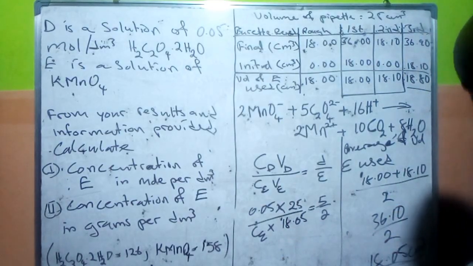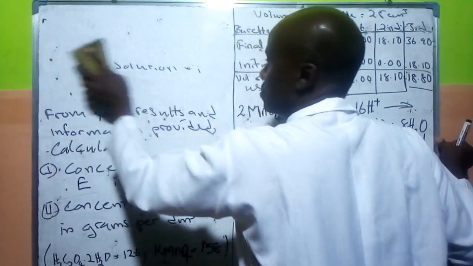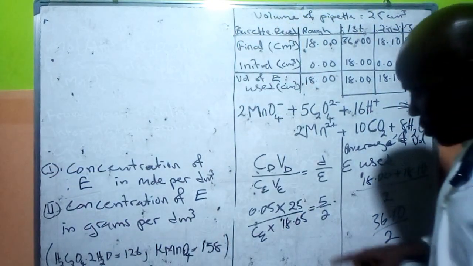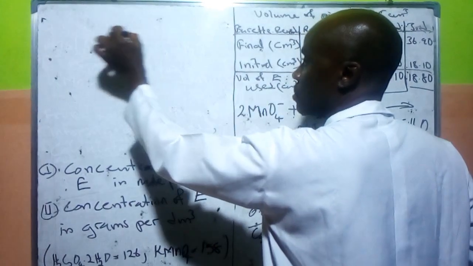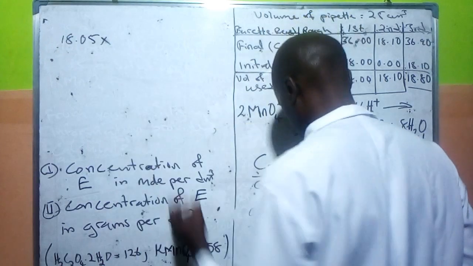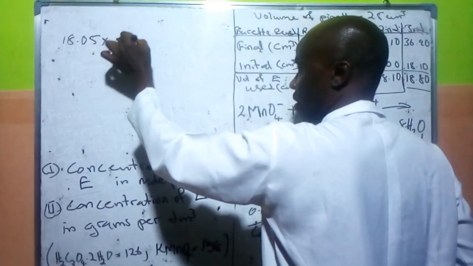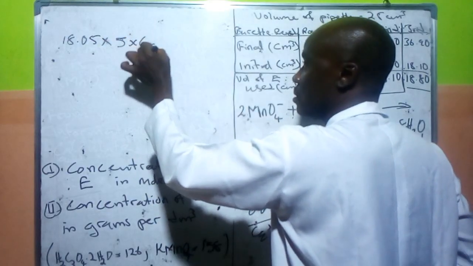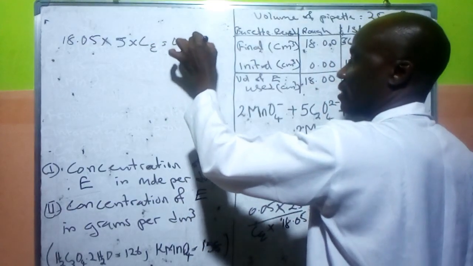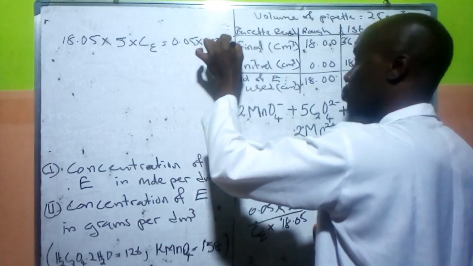By cross multiplying, we have 18.05 times 5 times CE equal to 0.05 times 25 times 2.